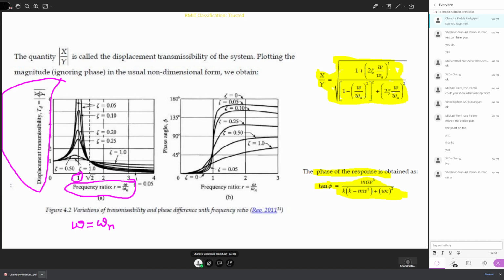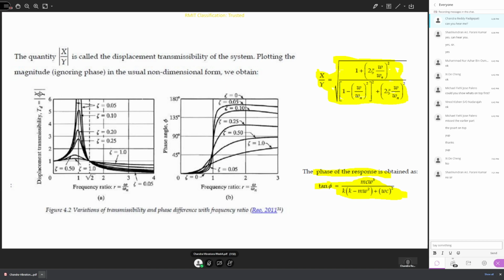So for different damping ratios, whatever may be the damping ratio, here the damping ratio is 0.25. All right, that is the first part. So when the frequencies are equal, the resonance condition takes place.